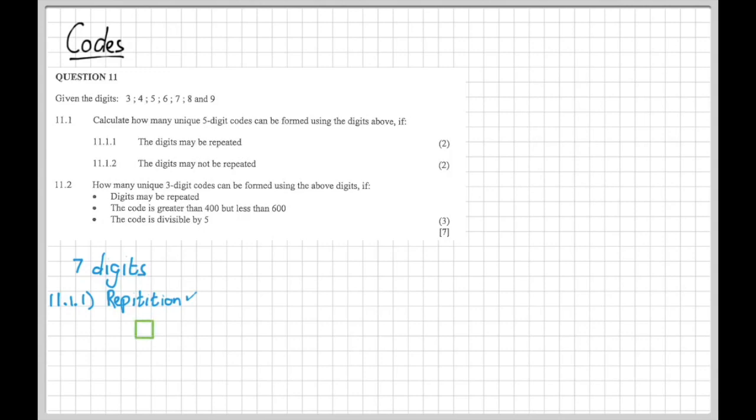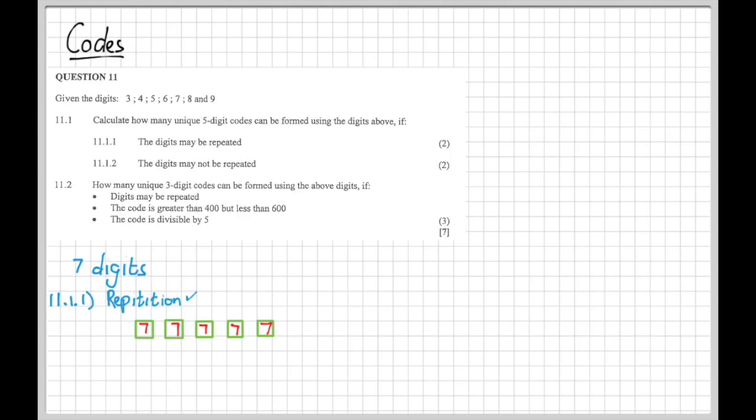So let's draw up our code. 5 little blocks. In the first block, how many options do I have to choose from? I've got 7. Now, whatever digit I choose may be used again. So in other words, the second block, there's also 7. In the third block, there's 7. In the fourth block, there's 7. Even in the fifth block, there's 7.